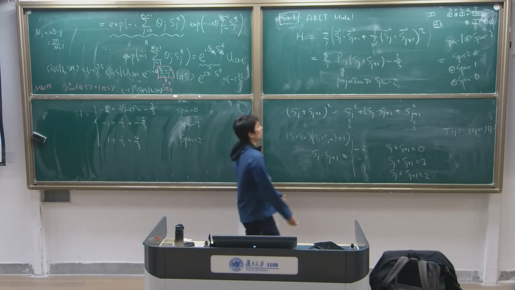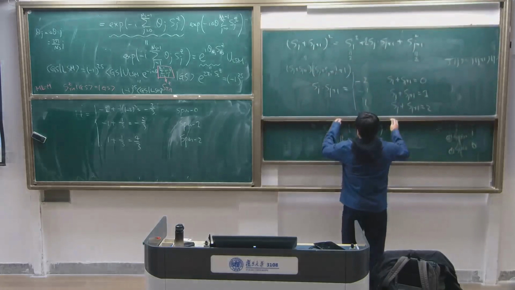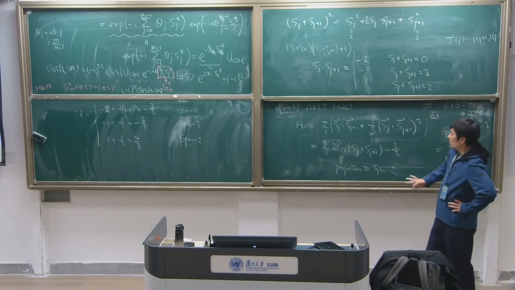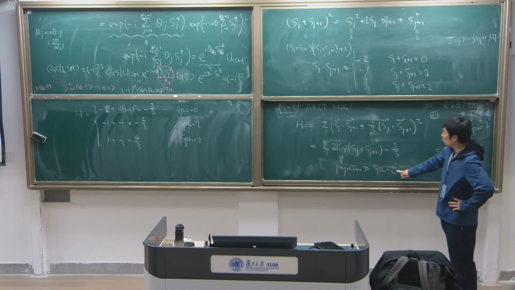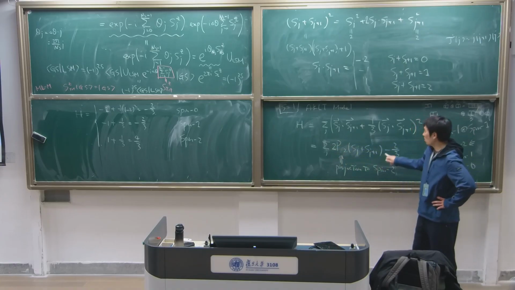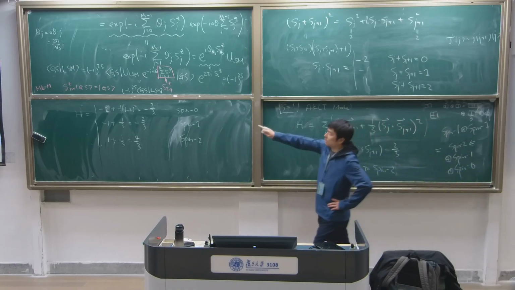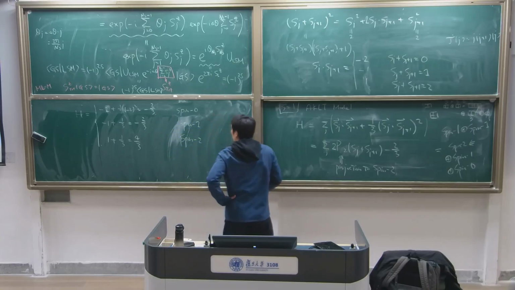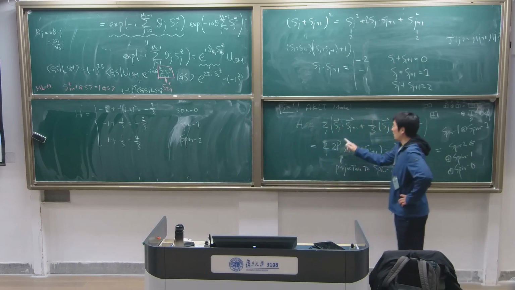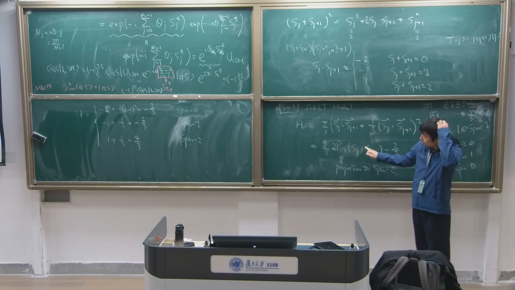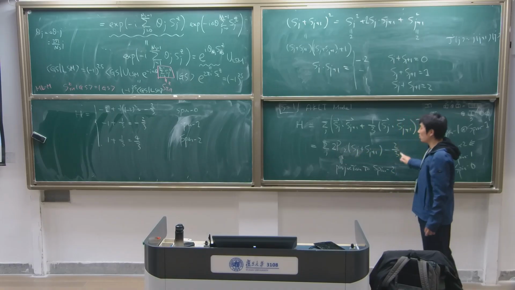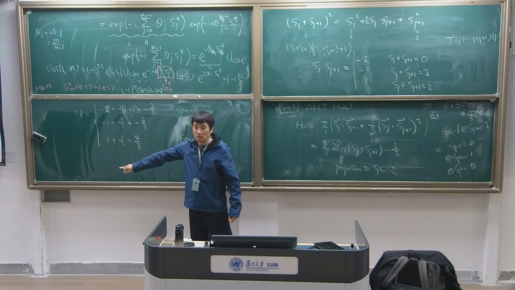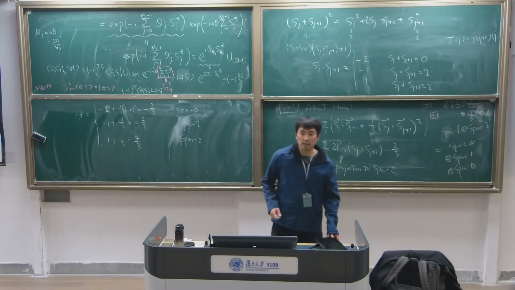So if it is spin 0 or spin 1, there is no such term. So therefore, minus 2/3. On the other hand, if it is spin 2, this term becomes just 1. So therefore, 2 minus 2/3 is equal to 4/3. Is it okay?